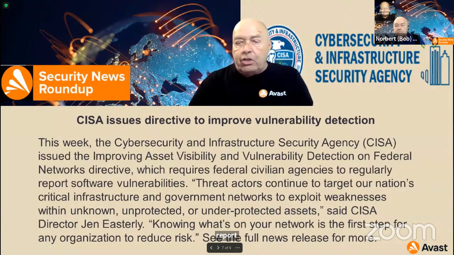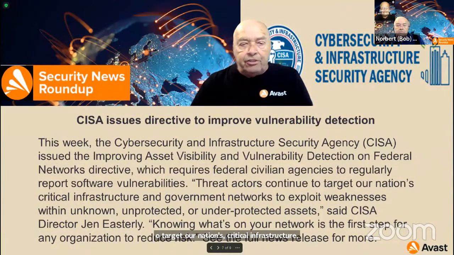"Threat actors continue to target our nation's critical infrastructure and government networks to exploit weaknesses within unknown, unprotected, or underprotected assets," said CISA Director Jen Easterly. "Knowing what's on your network is the first step for any organization to reduce risk." See the full news release for more.